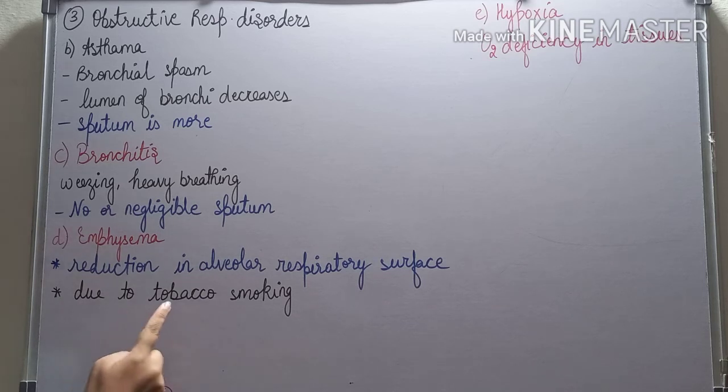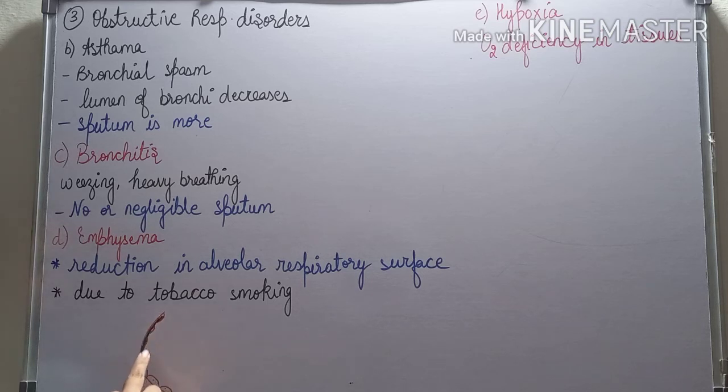Now, if we talk about this much alveolar epithelium, earlier when the person was not smoking, the entire surface was available for the exchange of gases. So the person's lungs were in a healthy condition, but now due to tobacco smoking, what has happened?